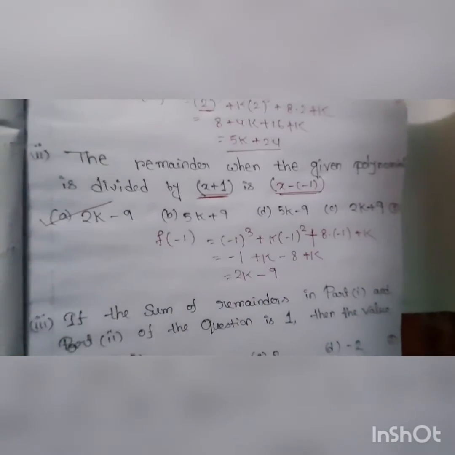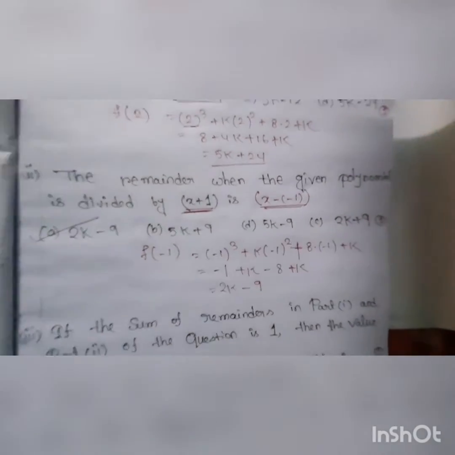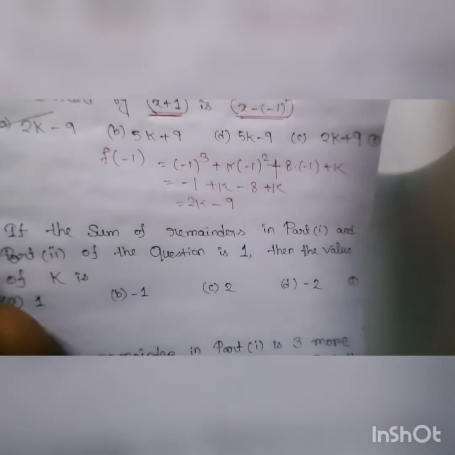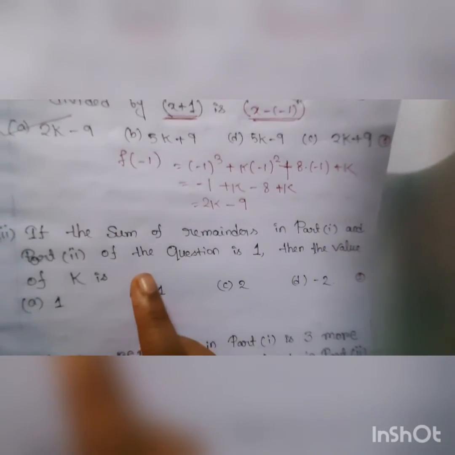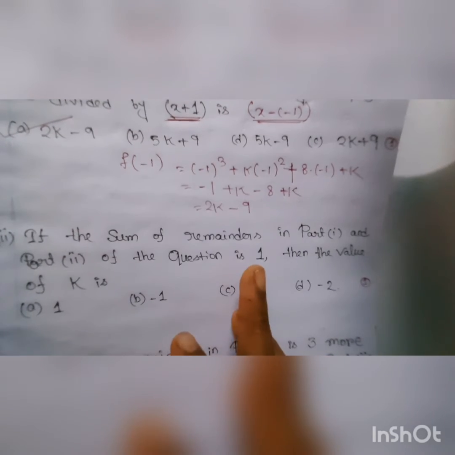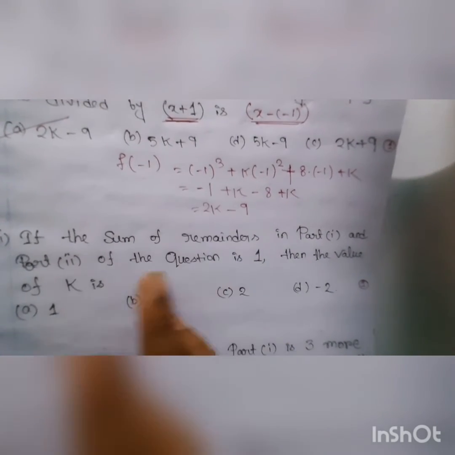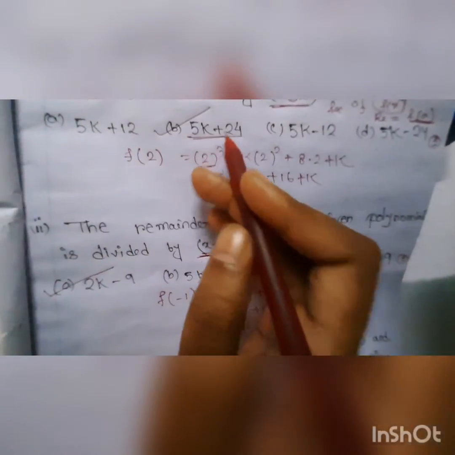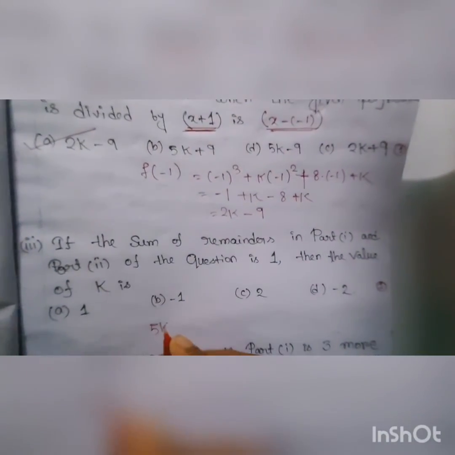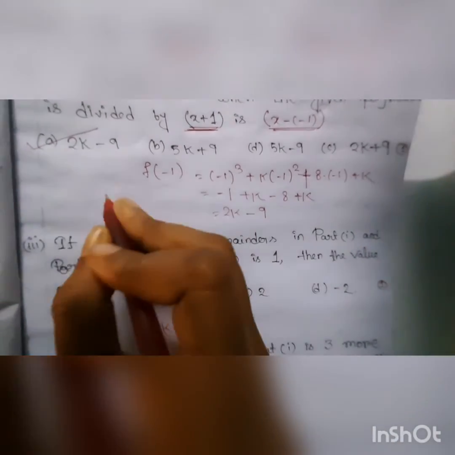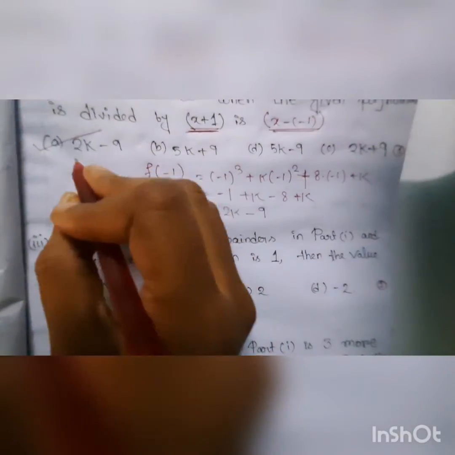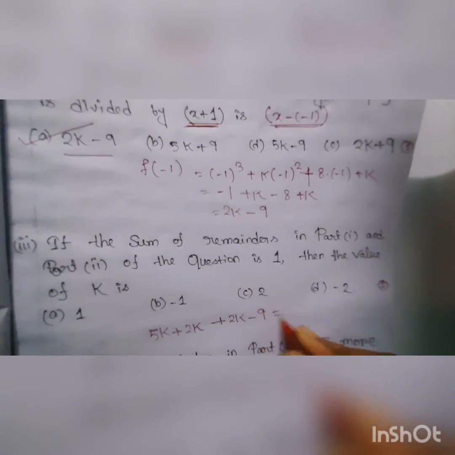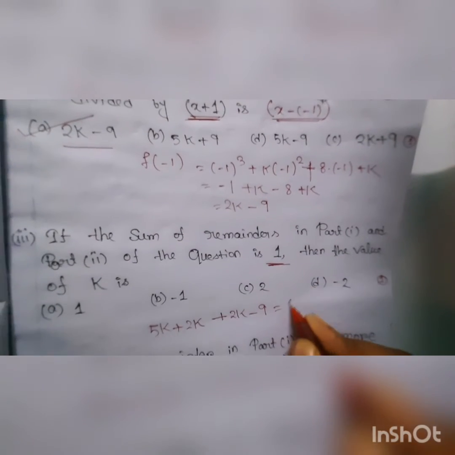Okay. Now question 3, that is again linked with question 1 and question 2. They tell us that the sum of the remainders of part 1 and part 2 of the question is 1. Then you have to find the value of k. So part 1 remainder is 5k plus 24, and part 2 remainder is 2k minus 9. And when you add these two, it is given that the sum of these two remainders is 1.